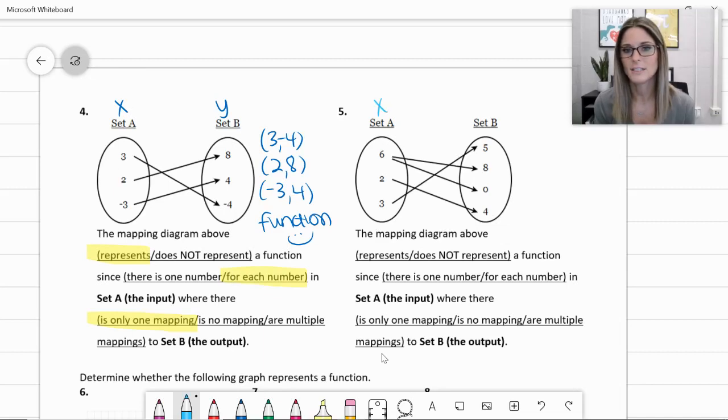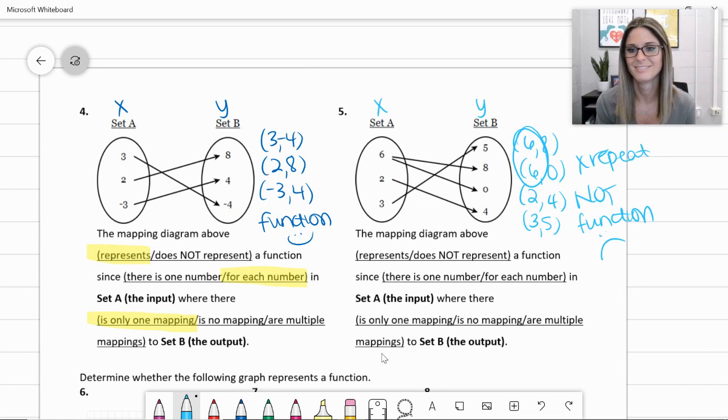Number 5, your x's and your y's are paired. 6 is matched with 8. 6 is also mapped to 0. 2 is mapped to 4, and 3 is mapped to 5. Where did we see it? X is repeated. Therefore, this is not a function.